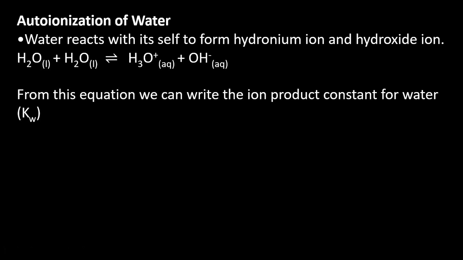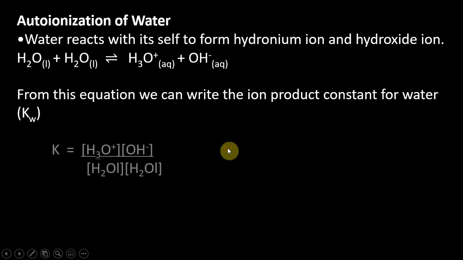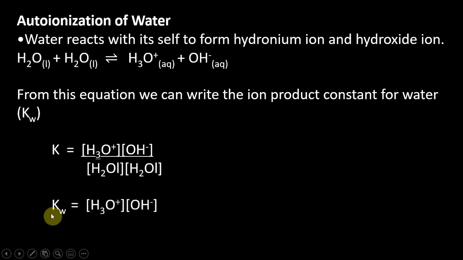Now, we can write our equilibrium constant expression for this, but because we have two liquid waters on the reactant side, they wouldn't appear in this. Their constant concentration is rolled into the constant value, the K, and we call this the Kw. So Kw is written as the hydronium ion concentration times the hydroxide ion concentration over the two concentrations of water, which are rolled into the K value because they're constant.